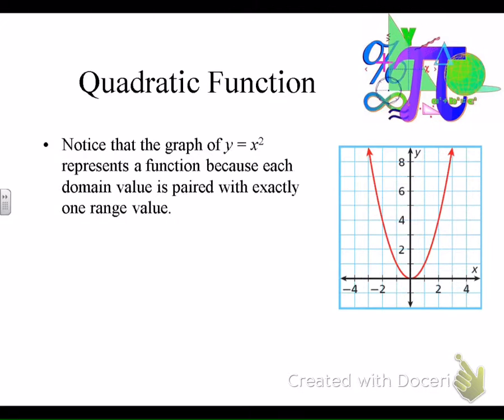So the domain, recall, is the x and the range is the y. Every x value is paired with exactly one y value. If you look at the x value of 1, it's paired with positive 1. If you look at the x value of negative 1, it's paired with a positive 1. Both 1 and negative 1 are paired with positive 1.